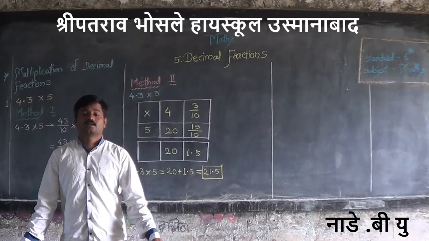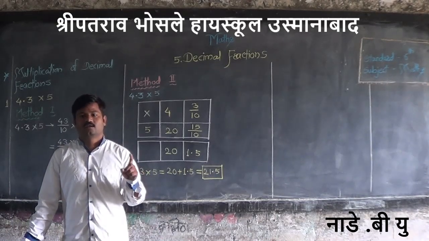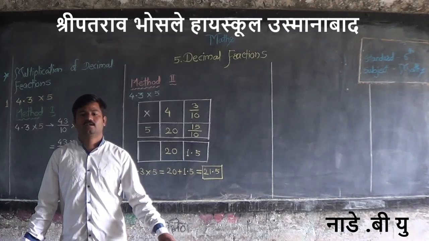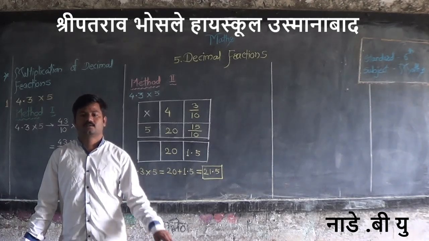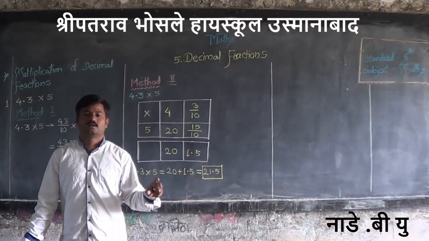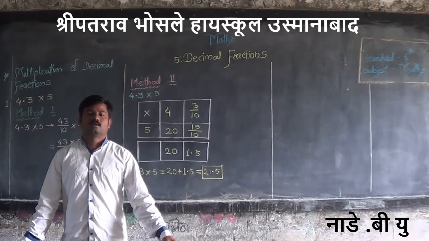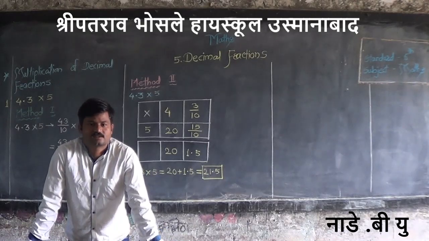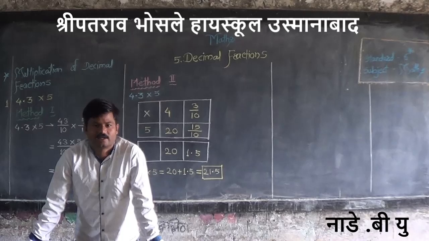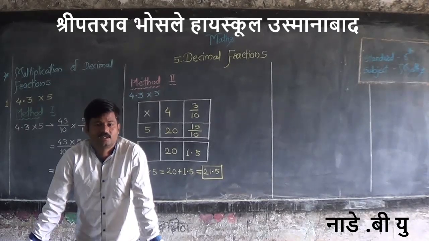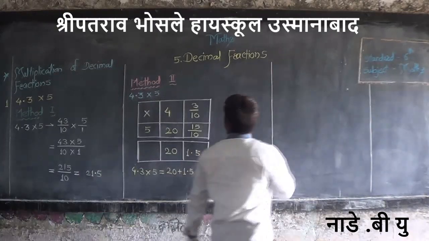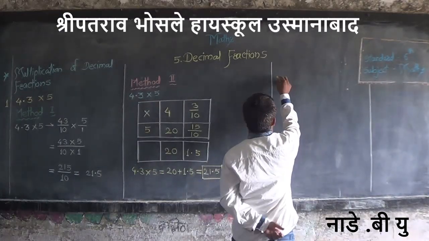The only conditions are: do not consider the decimal point while multiplying, and in the product write the decimal point. The decimal places are counted from the multiplicand and multiplier numbers. Now we see a word problem related to the multiplication of decimal fractions.